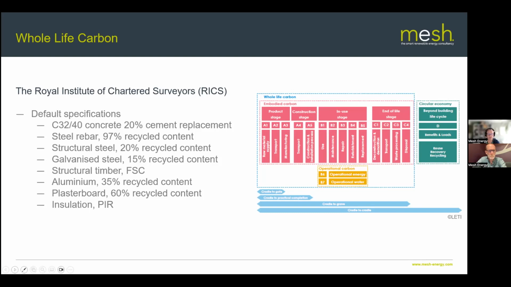So, for example, we can look at different recycled content amounts in steel, and the Institute of Structural Engineers specifications for different concretes with different aggregates, percentage of aggregate mix are all available to us to really get under the skin of how much embodied carbon there is at A1 to A3.